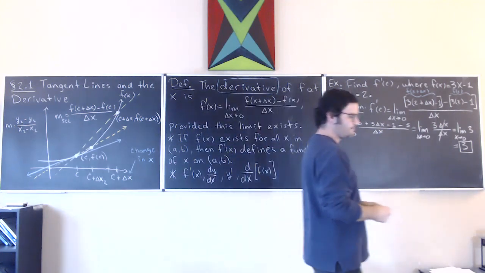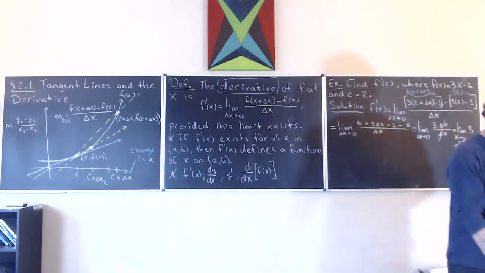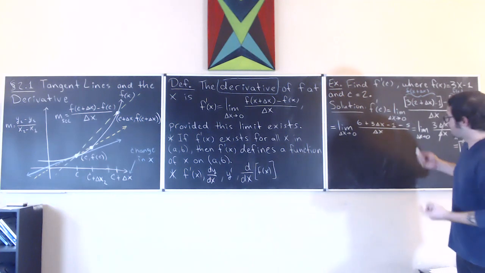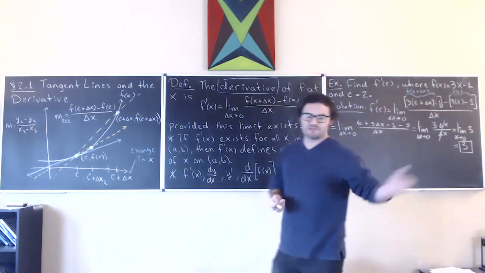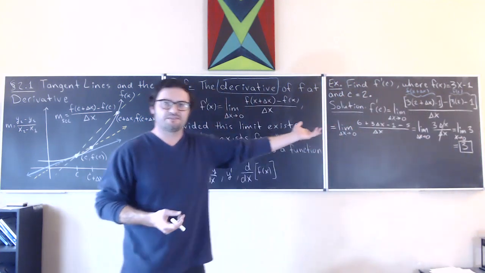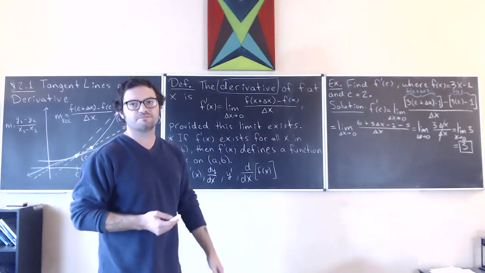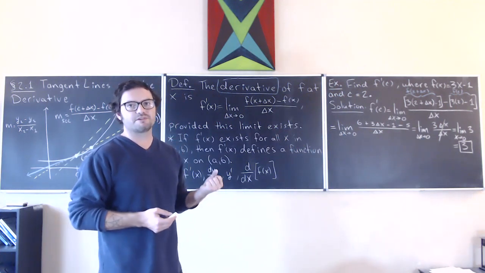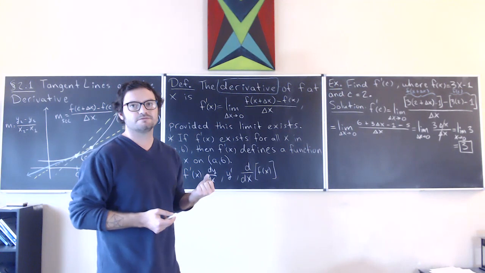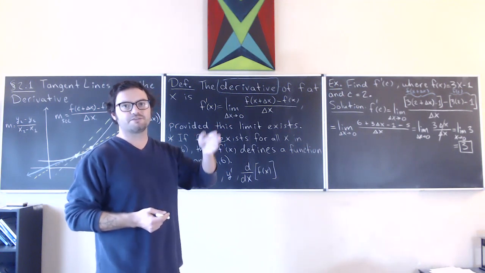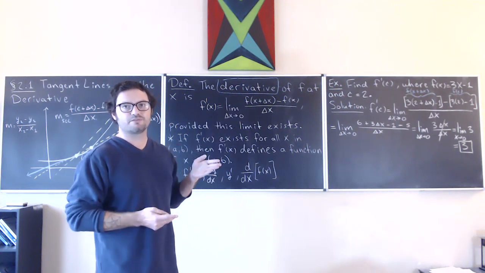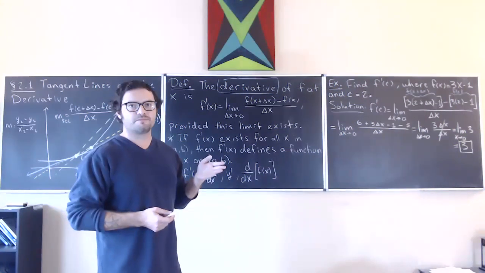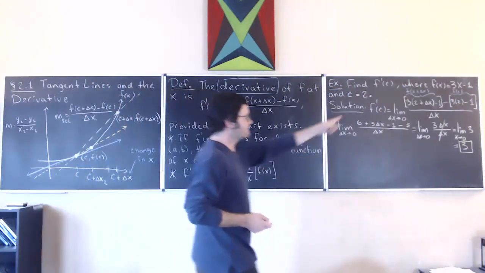Now, why does this make sense? Like we calculated it, but why does it make sense in hindsight? What is the derivative at a point telling you? It's the slope of the line tangent to that point, right? On the graph of the function. What does that function look like?